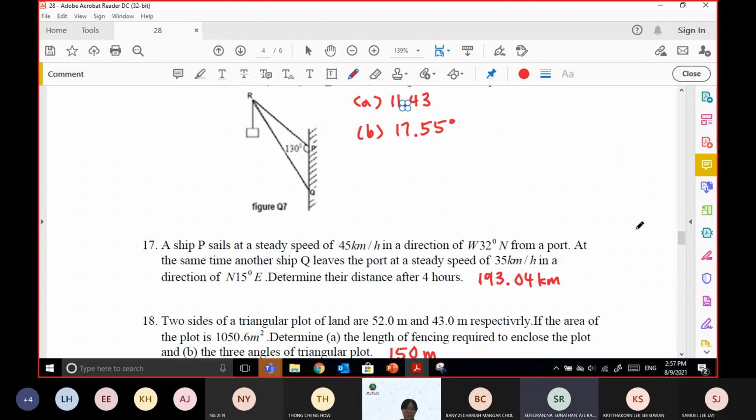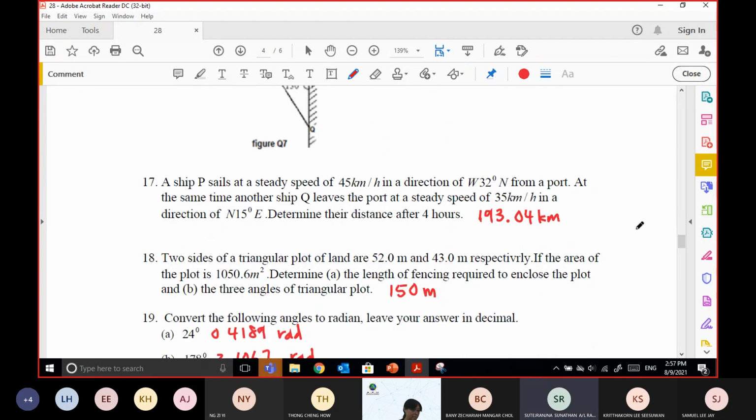And number 18 also. 18 should be 2 answers, right? Okay, part A and part B.